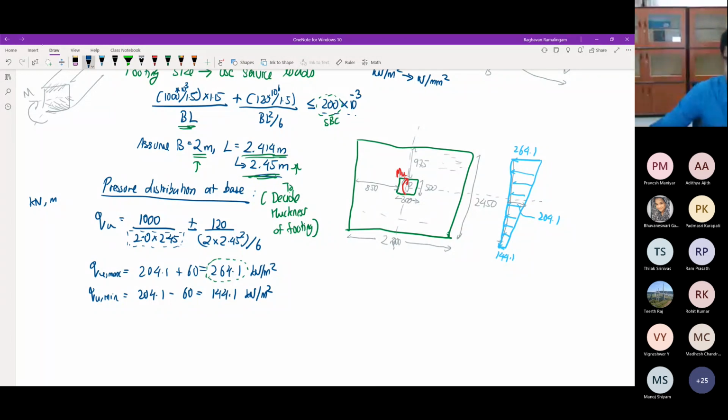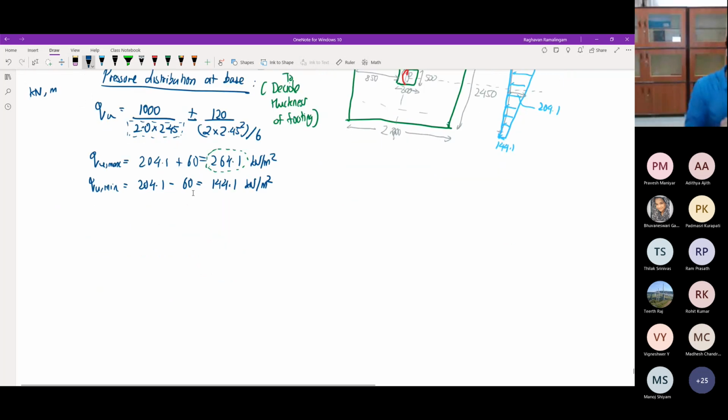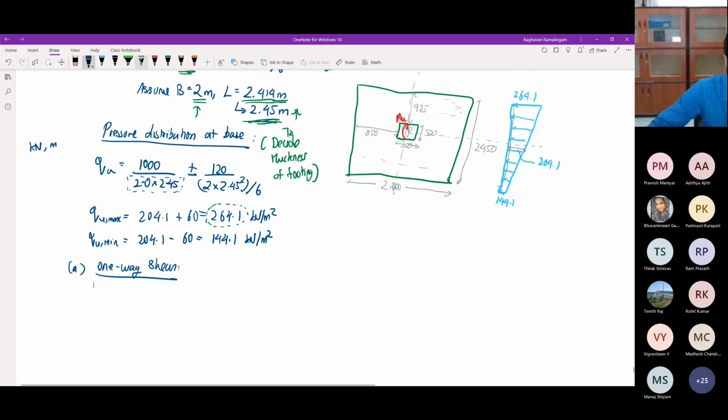So you have found the pressure. Next is to check one by one all the design parameters, starting with one-way shear. What you do here is you take the critical section. I'll take black for this. The critical section for one-way shear is at D from the face of the support.